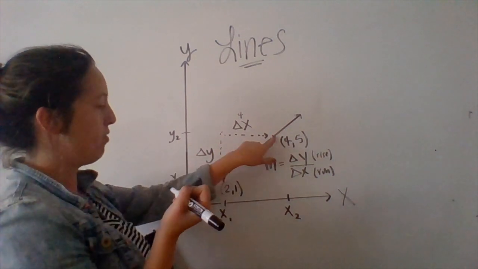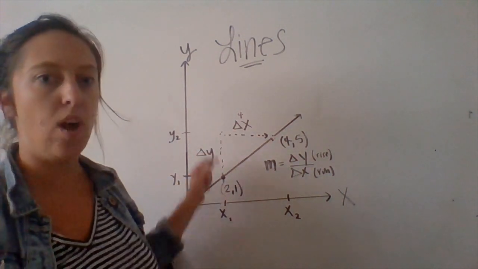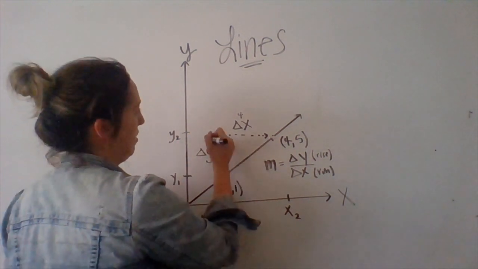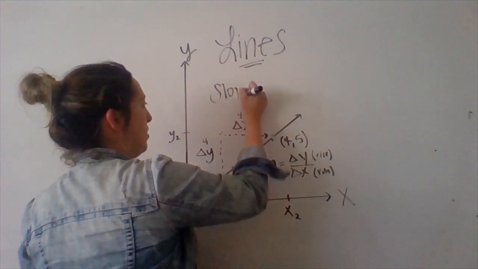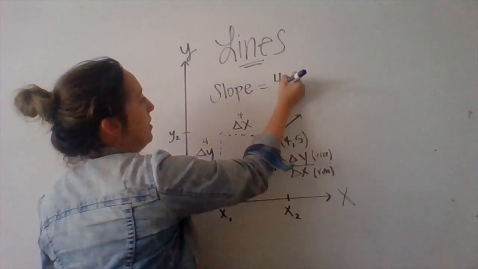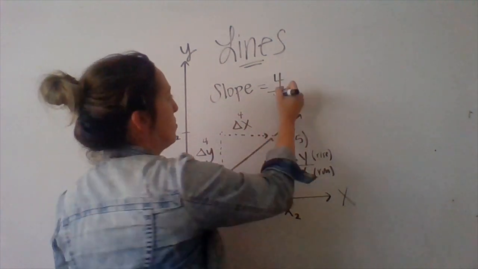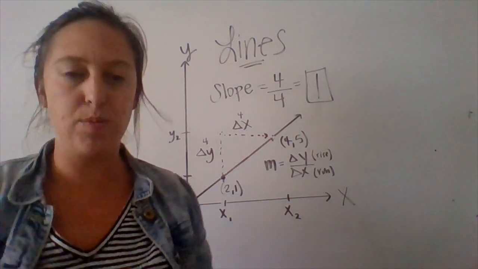We're going from 2 to 4. Going upwards, I'm going from 1 to 5. So going from 1 to 5 would be 4. So then that would mean my slope would be the change in y, which was 4, over the change in x, which was 2, and we should always simplify and get 2. So my slope is 2.